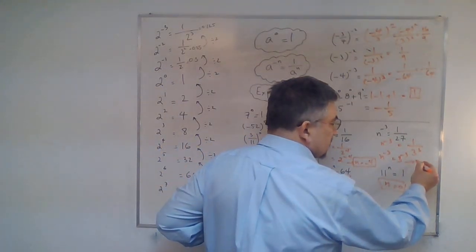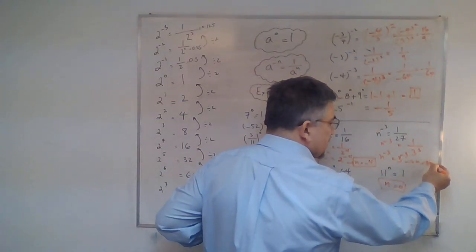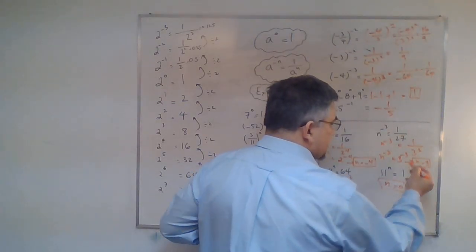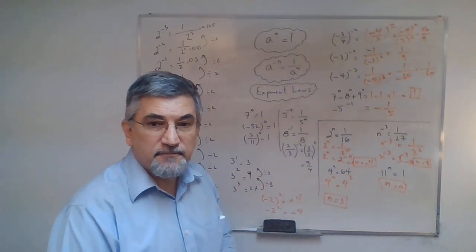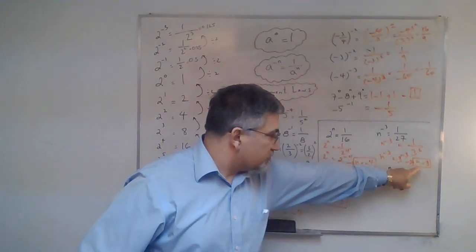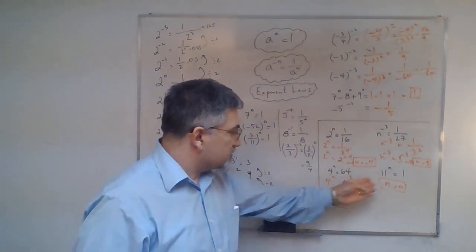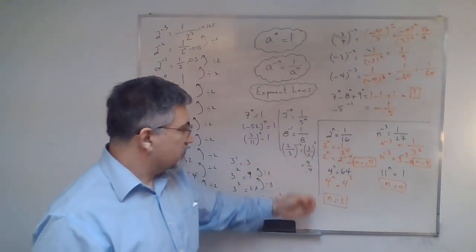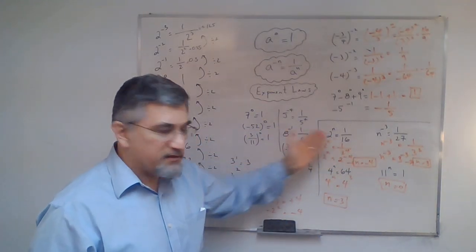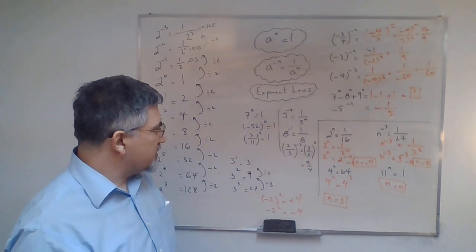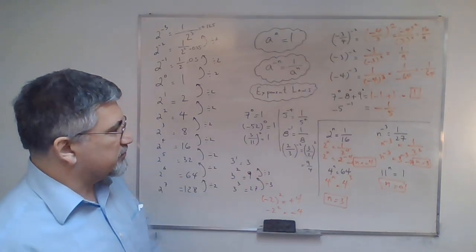So we're going to conclude that n must be equal to 3, which is the same base of the power on the right-hand side. Okay? So n is equal to 3 is the solution for this equation. This other equation has n equals 0. The solution for this one was n equals -4. For this one was n equals 3. I think I gave you other examples as well.